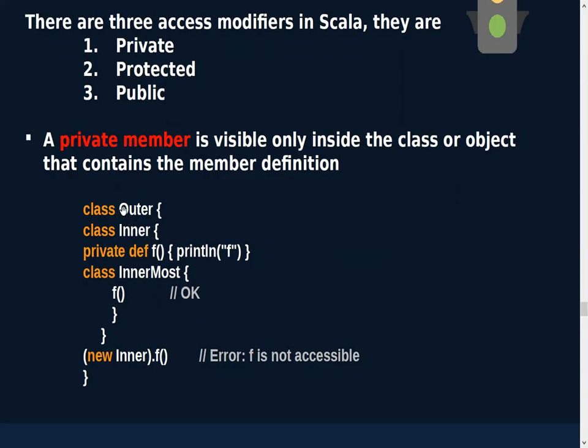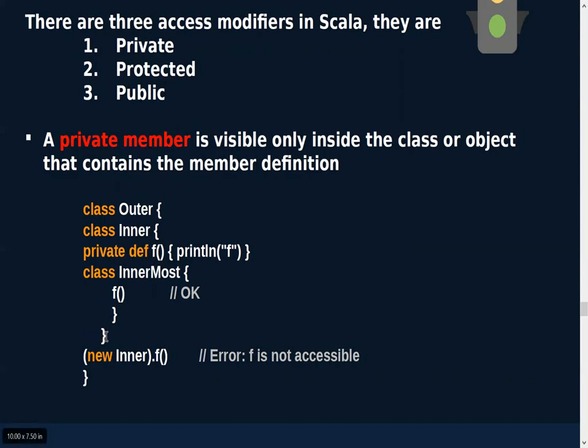Just as an example, say I have a class Outer, and inside that class Outer I have another class called Inner, and inside this Inner class I have a function f defined, but that is private. If I try to access that anywhere inside the Inner class, it will be accessible.